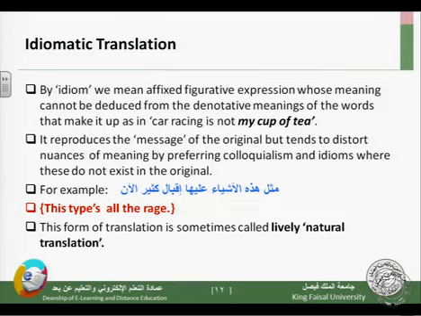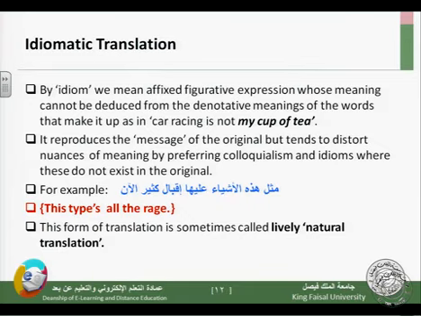This is an idiom to express this concept: "Oh, this type is all the rage. I can't get one. When I went to buy this T-shirt, there was a long queue. What's the matter? This type is all the rage."